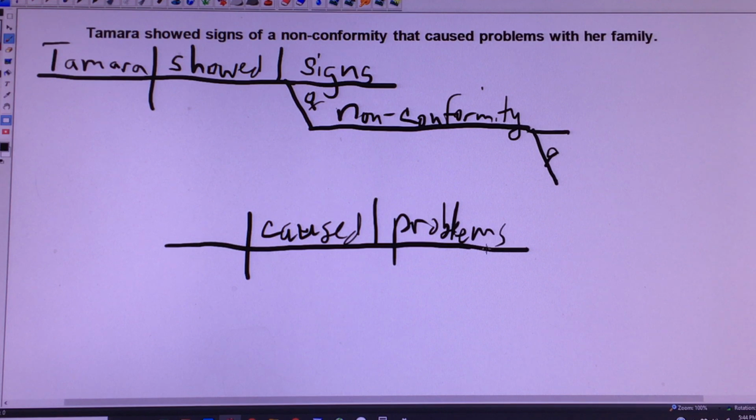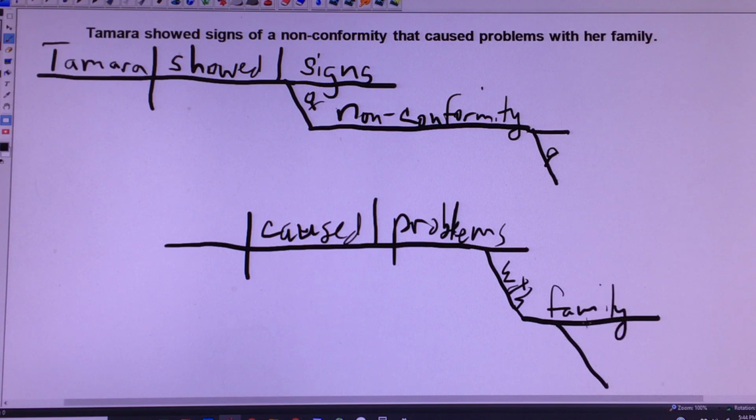Problems with her family. So that's a prepositional phrase. With family is the object of the preposition. Her. Which family? Her family.